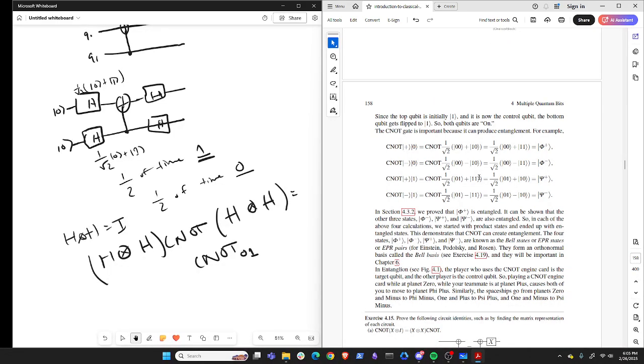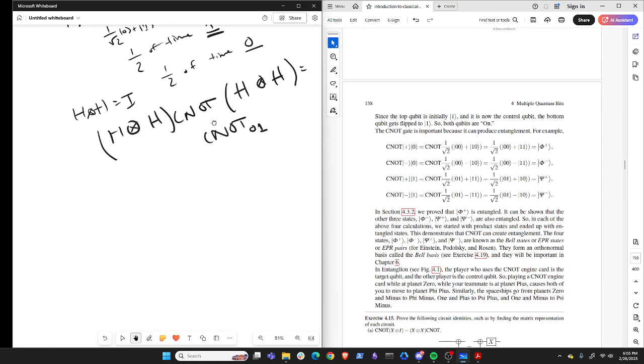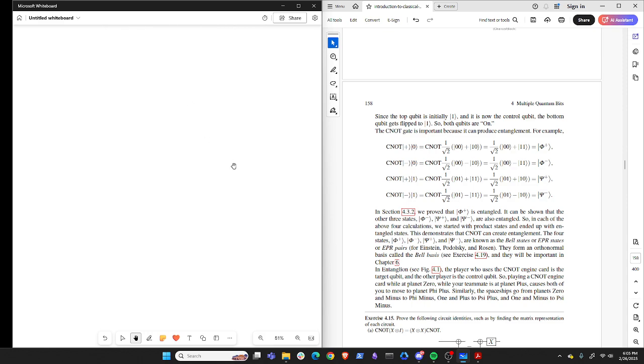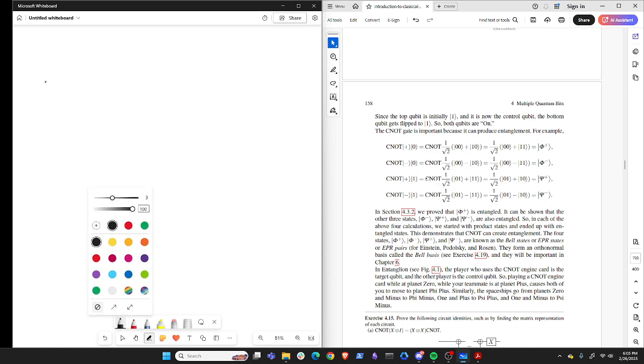The C0 gate, and this is something that will really come into play in chapter 6, which is the next, because chapter 5 is basically extraneous, or vestigial rather. So C0 can produce entanglement.